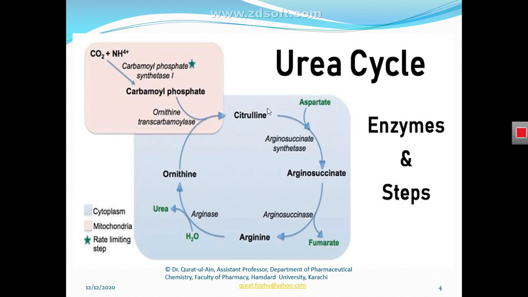These are two amino acids. This one is the amino acid aspartate, whose nitrogen combines with citrulline with the help of the enzyme arginosuccinate synthetase, and then forms arginosuccinate. This arginosuccinate then is broken down by a lyase into two other molecules, fumarate and arginine, with the help of arginosuccinase.